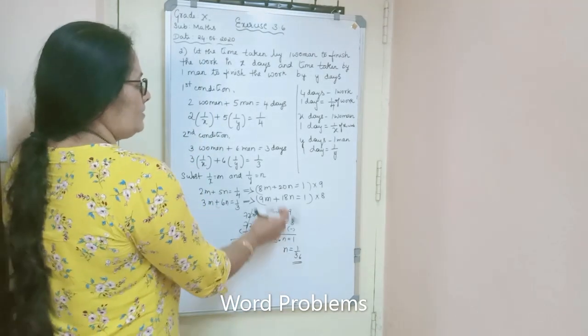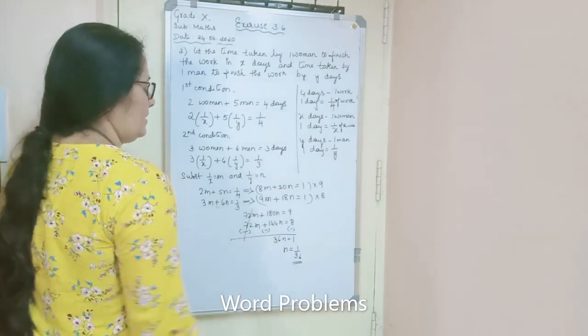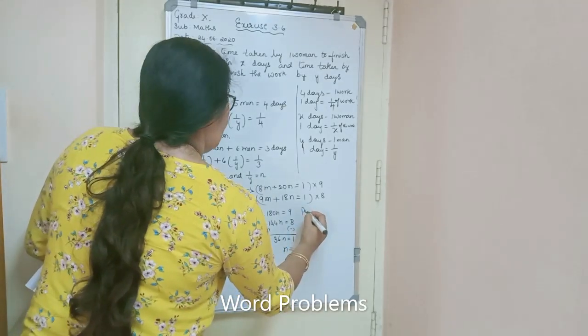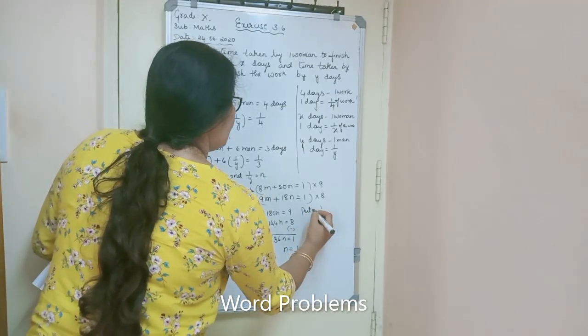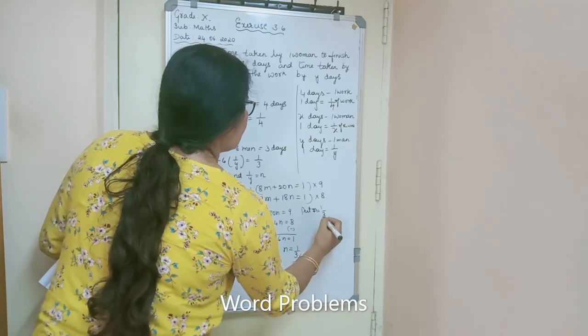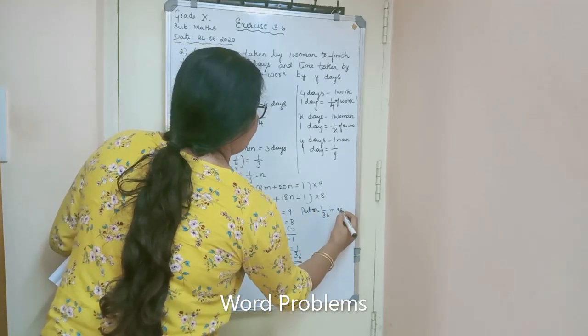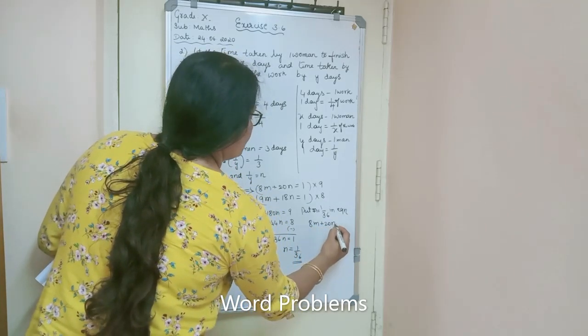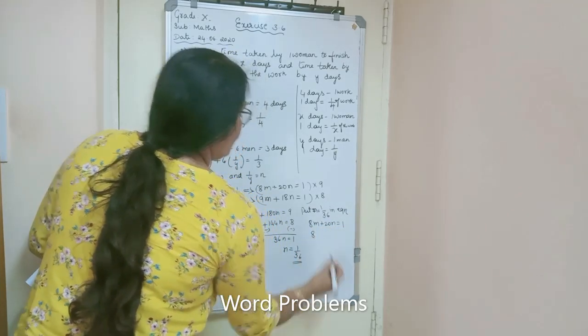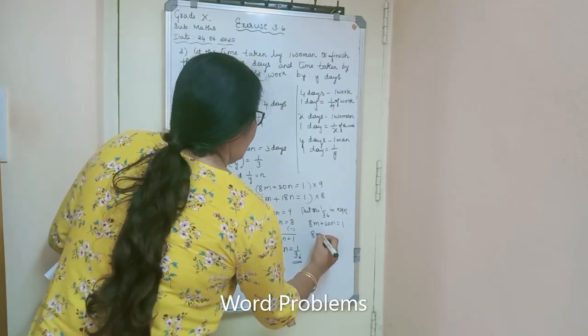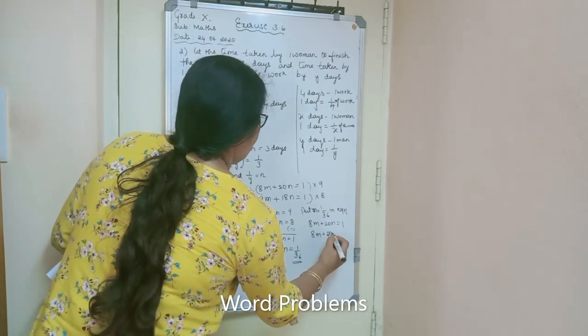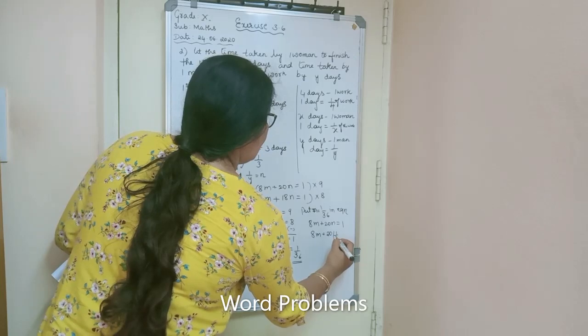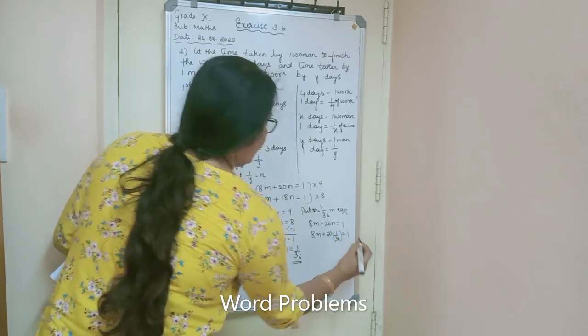Now substitute this n value in any one of the equations. So put n equals 1 by 36 in the equation 8m plus 20n equals 1. So 8m plus 20 times 1 by 36 equals 1.